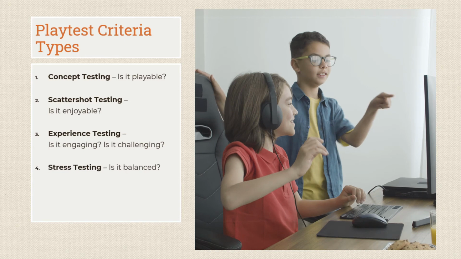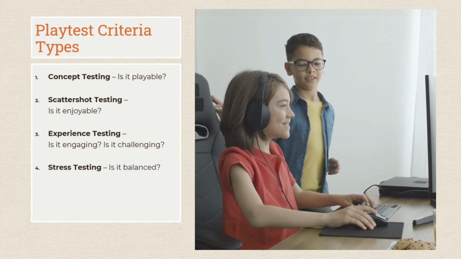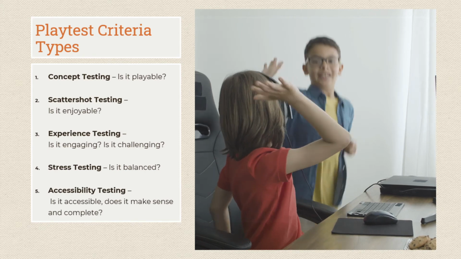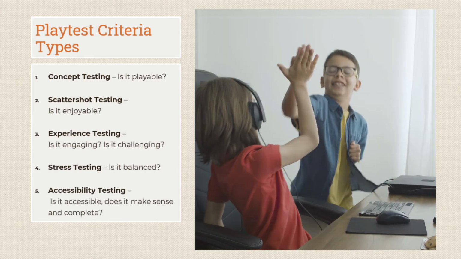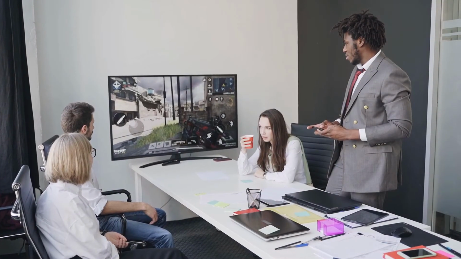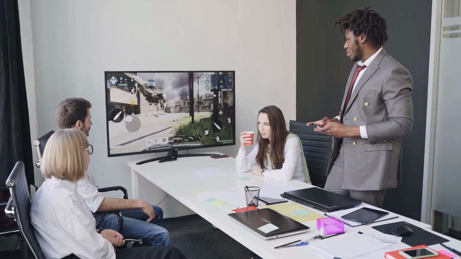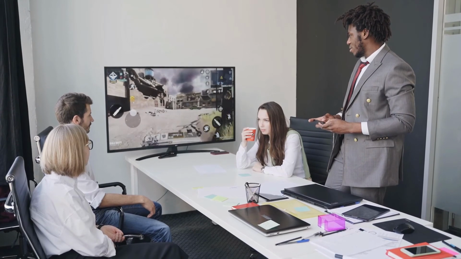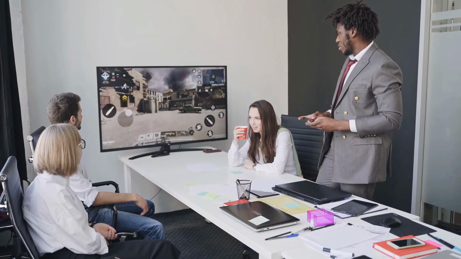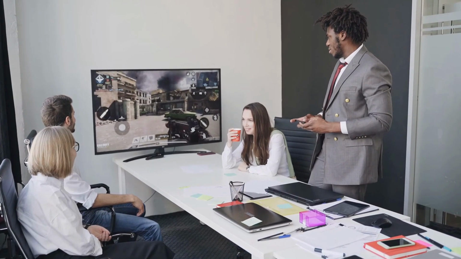Stress testing is where we're asking questions about balance, and accessibility testing is where we ask questions regarding if the game is accessible. In other words, does it make sense and is it complete? These different types of playtests are conducted during different stages of the game production and can be administered separately or as a whole playtest, depending on the needs, timeline, and budget of the game production.